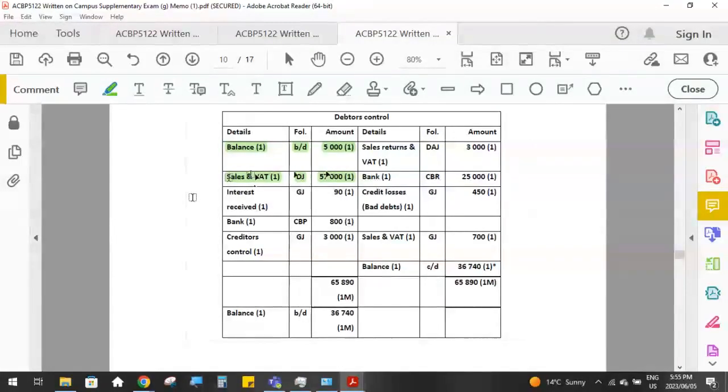Remember, when it is the DJ, because it's coming out of the debtors control column, which is the main column of the debtors journal, under details we write sales and VAT, because this 57,000 is the total amount that we invoiced our customers, and the amount that we invoice them is the sales amount including the VAT, because they have to pay us the total amount including VAT.